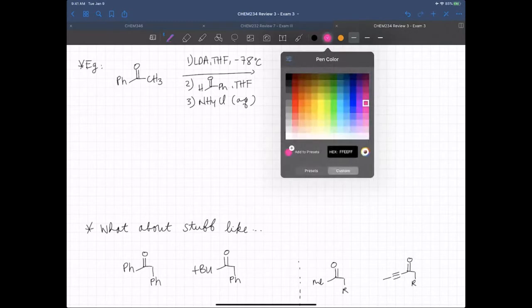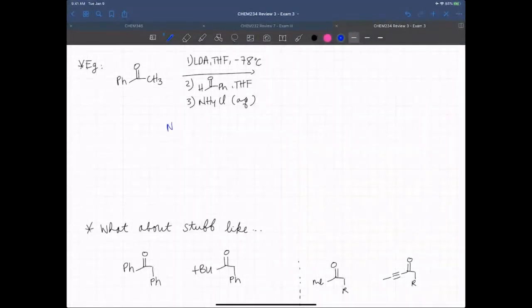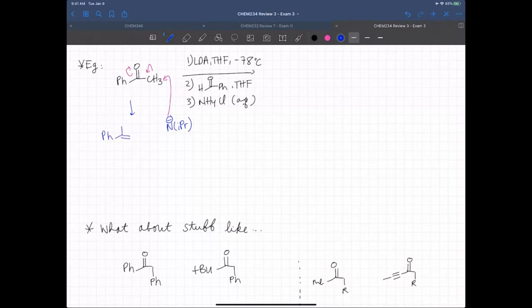Same thing. What happens here? LDA, which is lithium diisopropylamide, is going to deprotonate the hydrogen right here to give me my enolate. And then if I have an aldehyde, when you see aldehydes, you already know it's an aldol condensation.